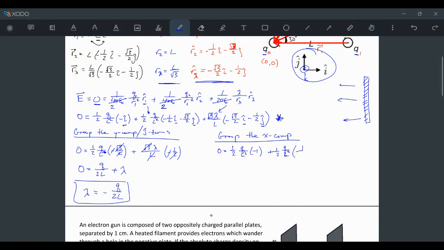It would have another -1/2. That's from this right here. And then from the line charge, we would have root 3 lambda. That would also have a minus root 3 over 2 because we're dealing with i. Okay, so this would be a second equation that would lead us to the same point. We get down here and we would arrive at the same answer. The only reason I chose the first method is because here you have 1, 2, 3 terms, and algebra with fewer terms is simpler in my mind. That's literally the only reason. But it would get you to the same point.